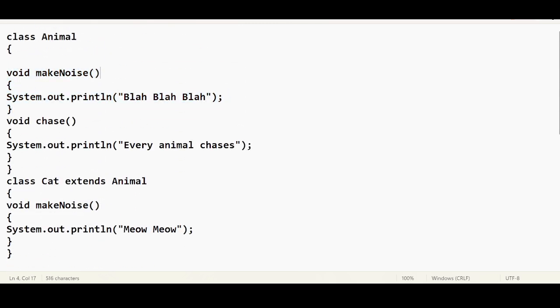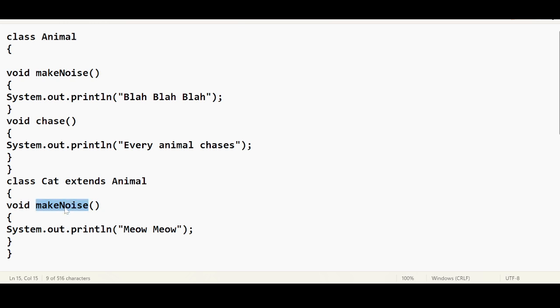It will check if the child class, here the Cat class, has the same method prototype or not. Of course the child class has the same method prototype. Both are the same. The priority will be transferred to call the makeNoise method of the child class. This is the takeaway here.